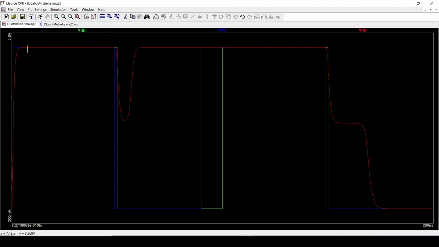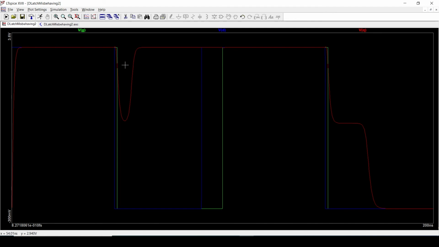The data input, this blue line, is initially a logic 1, then it drops to a logic 0 down here. Just after it drops to a logic 0, the gate drops down to a logic 0. So what happens when the data drops down? Well, the input FETs have got a capacitance.